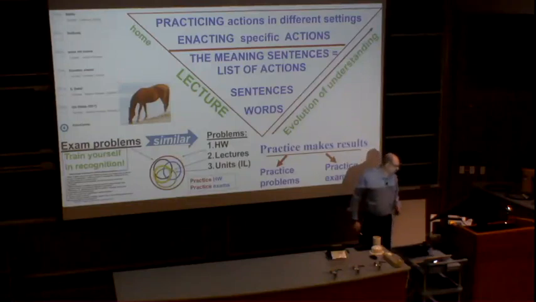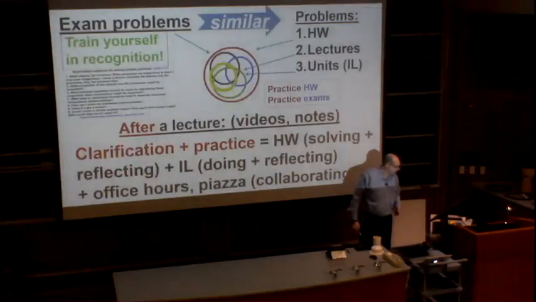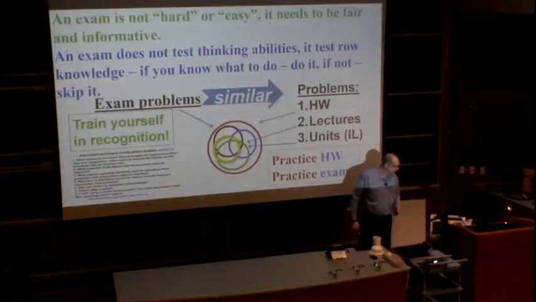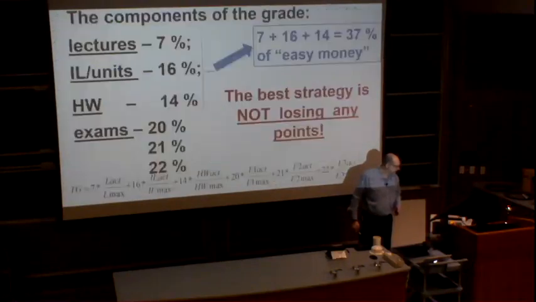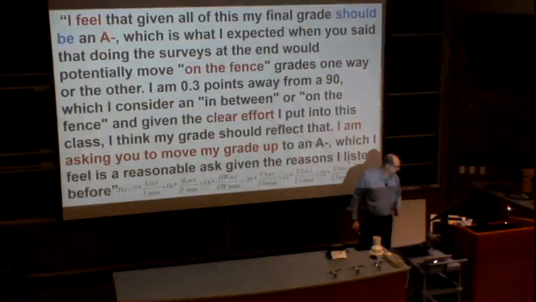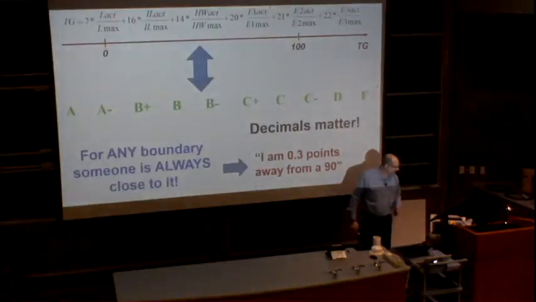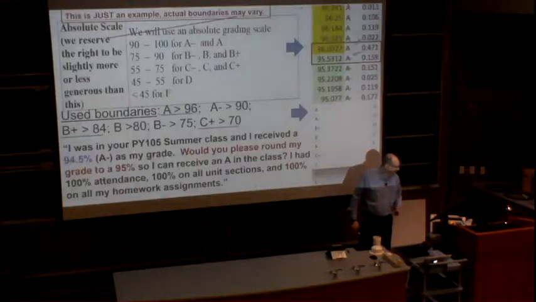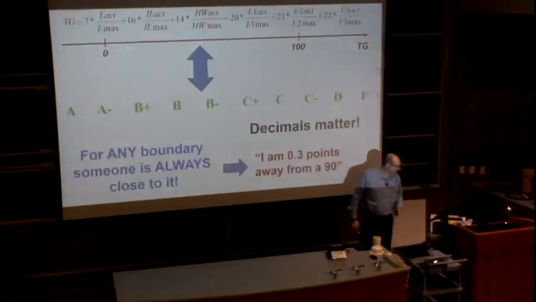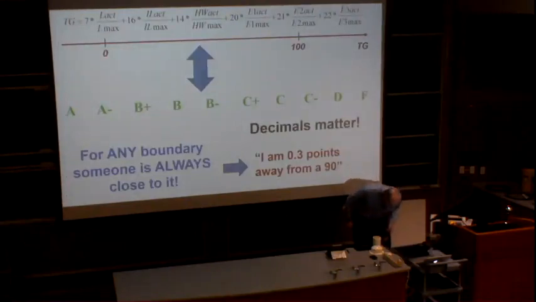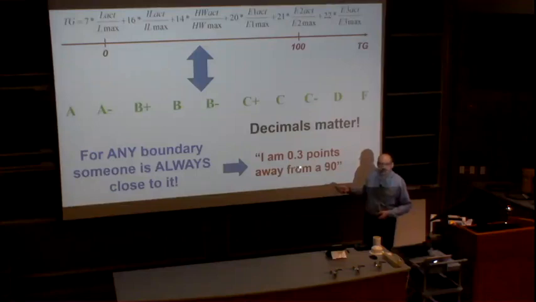Which slide on the fence? This? I'm not sure. I didn't say that word. But I said that if there is a boundary, there is always close to that boundary.